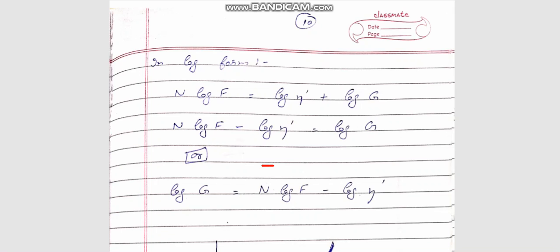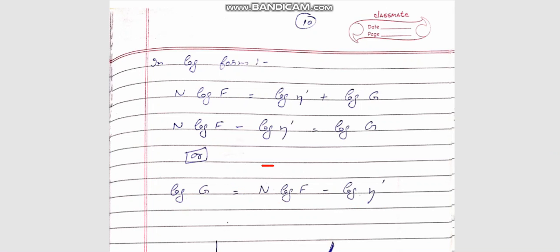If we change this equation into log form, we achieve the final equation, which is log G = n log F - log η'.